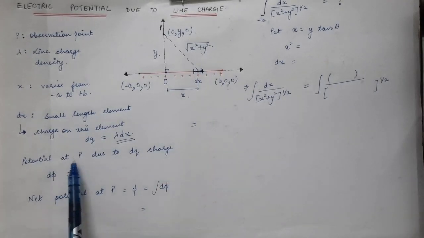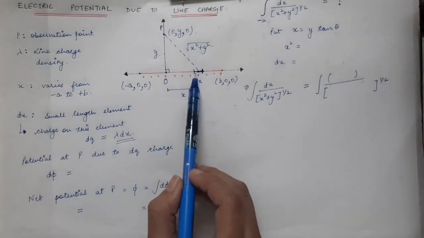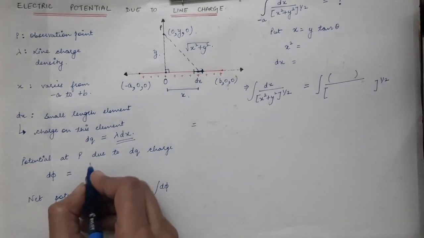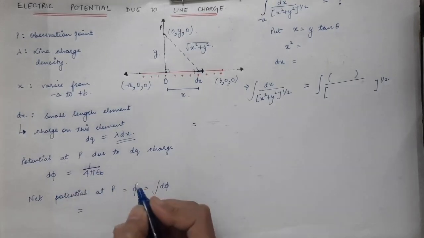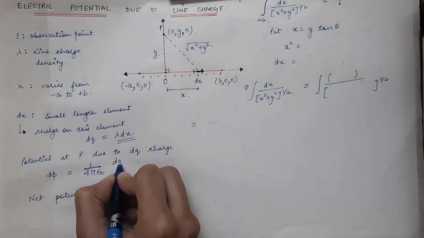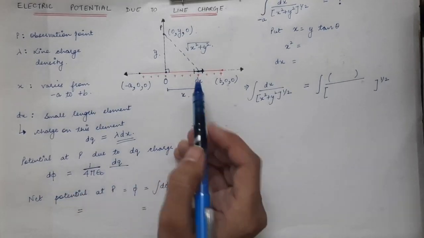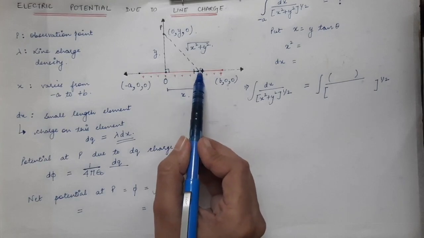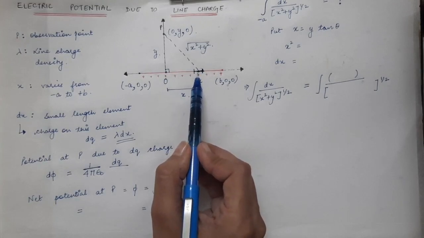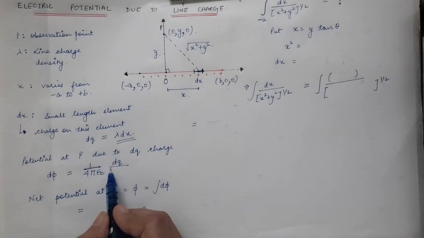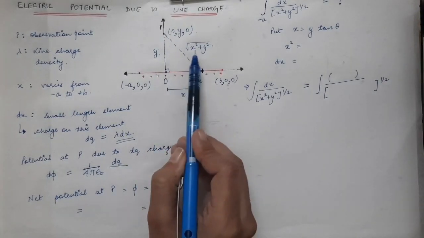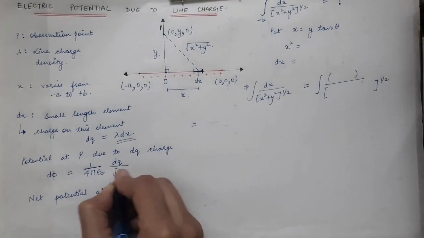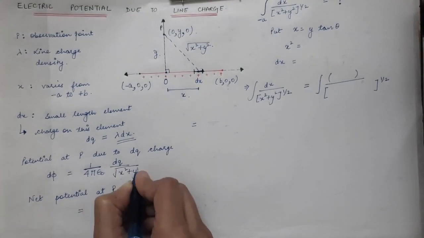What will be the potential at P point due to this dq amount of charge? That will be given by 1 by 4 pi epsilon naught into the charge we are talking about, just this dq charge present on this small length element, divided by the distance of the observation point from this dq charge, which is nothing but under root of x square plus y square.